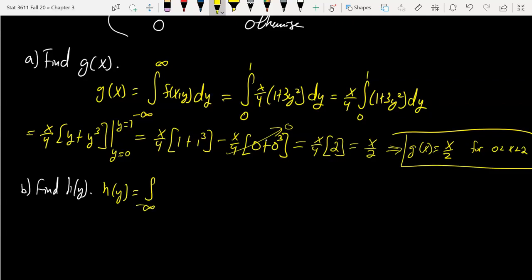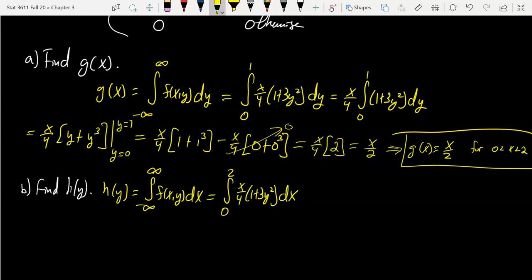We're going to integrate over all possible values from minus infinity to infinity of our joint density, but with respect to x. And x, if we look at our joint density, goes from 0 to 2. So we integrate x over 4 times 1 plus 3y squared dx.